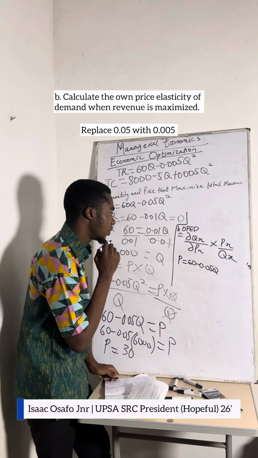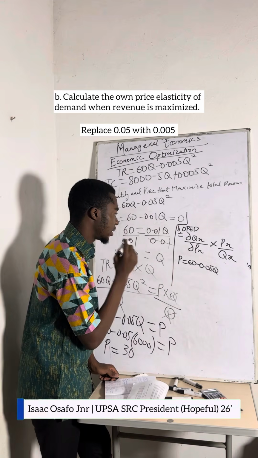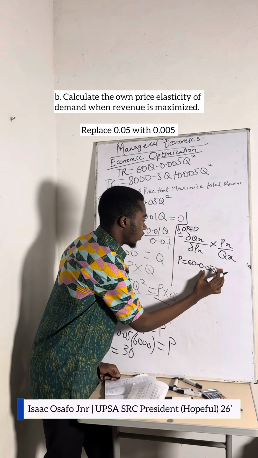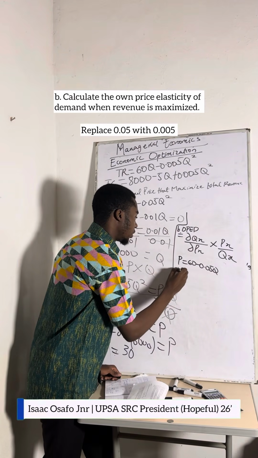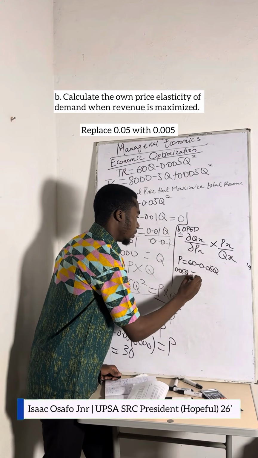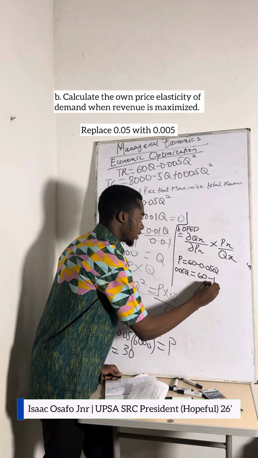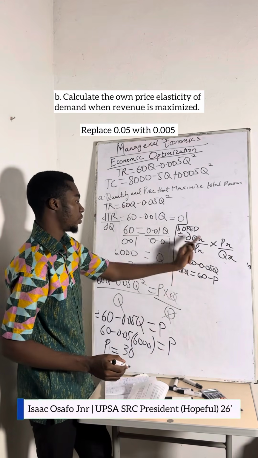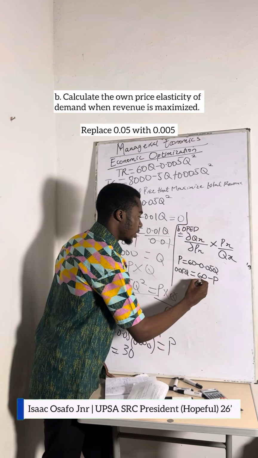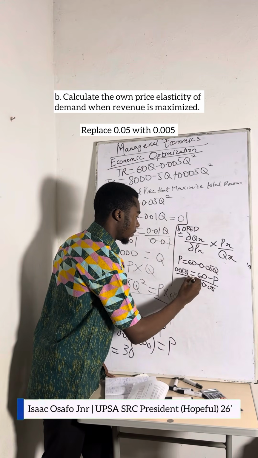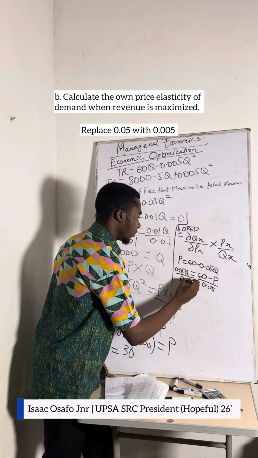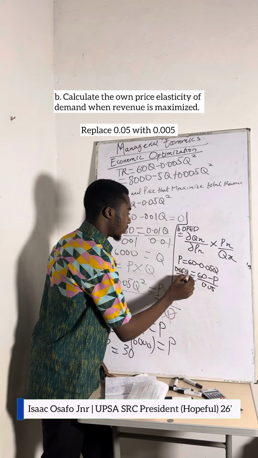So in making Q the subject, I can decide to let negative 0.05 Q come to this side. So 0.05 Q should be equal to 60 minus P, when P crosses the equal sign. I can decide to divide here by 0.05 and also divide here by 0.05 so that this will cancel this.